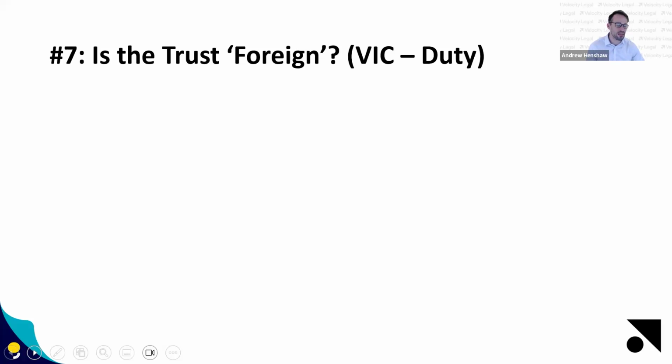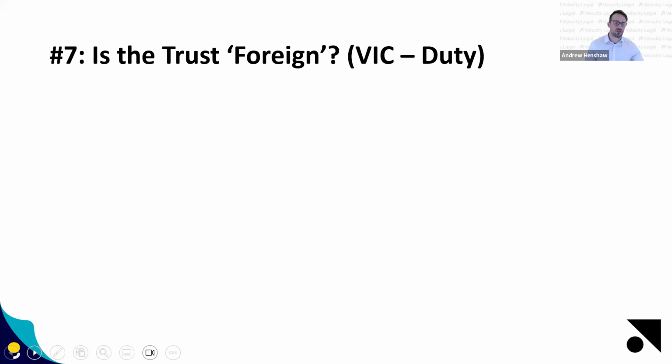Essentially, non-citizens and non-permanent residents, if they buy residential property, will be hit with an additional duty on top of the normal duty. And those rates have gone up over time. In Victoria and New South Wales, it's now 8% on top of the normal duty, so we're talking about something like 14% duty at this stage.